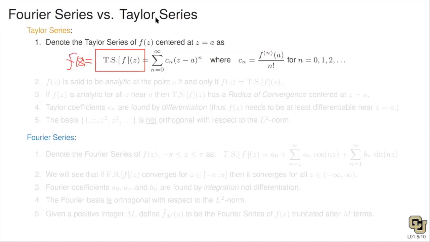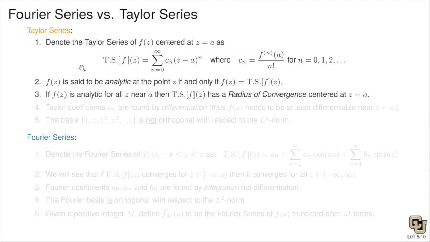Are these equal? If you do some complex analysis, which I think some of you will next semester perhaps, we say a function is analytic at a point if and only if it equals its Taylor series. So right off the bat, to use Taylor series effectively, we ideally need to be working with analytic functions.